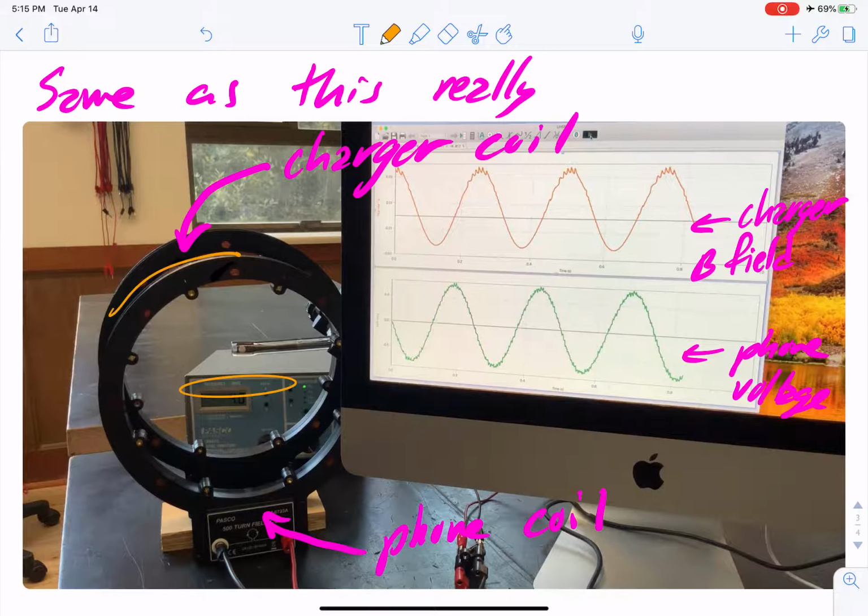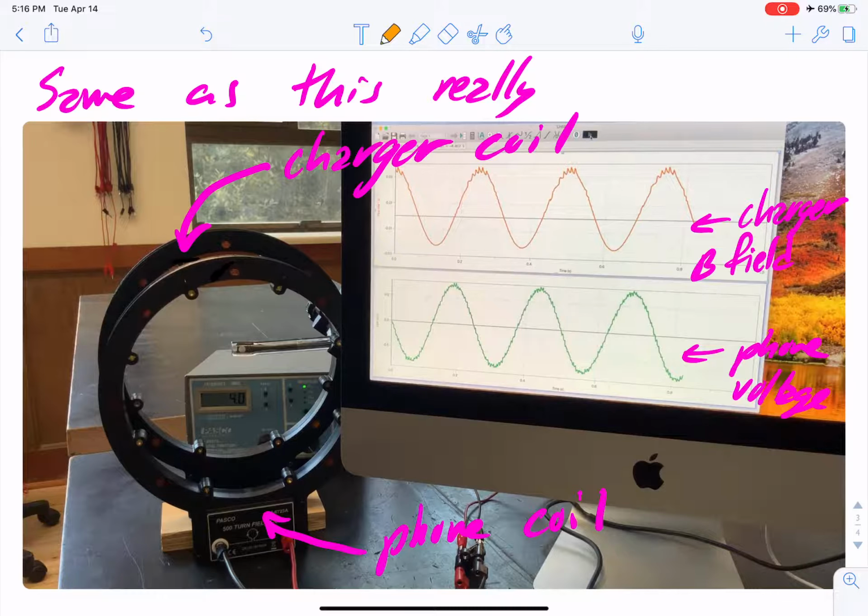And then we had the coil in the front. That's like the coil that's inside your phone. And then this readout here, this was the voltage on the phone. This wasn't the voltage on the coil, but actually the voltage on the coil is proportional to that current that we were reading there, or the field that we were reading there.